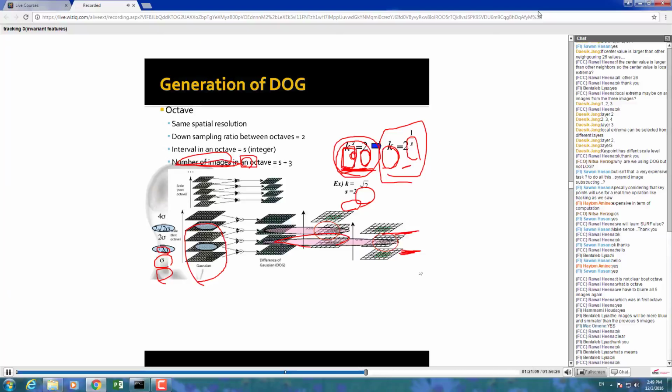By the way, if I want 3 layers for local extrema calculation, then you can set this number as 3, and then K will be 2 power 1 over 3.